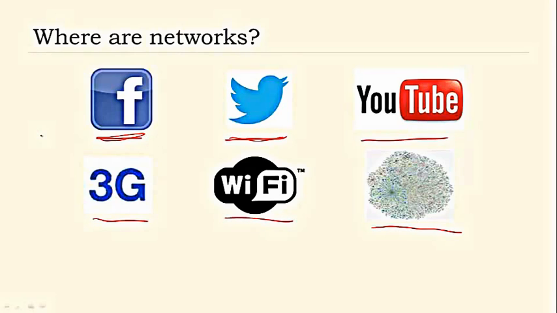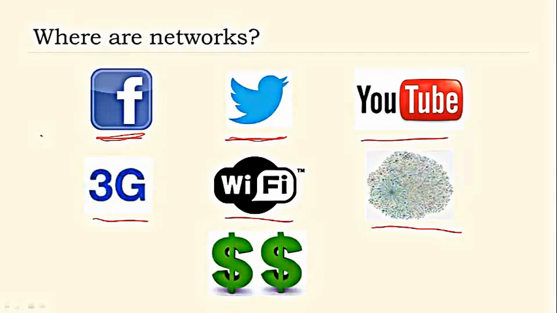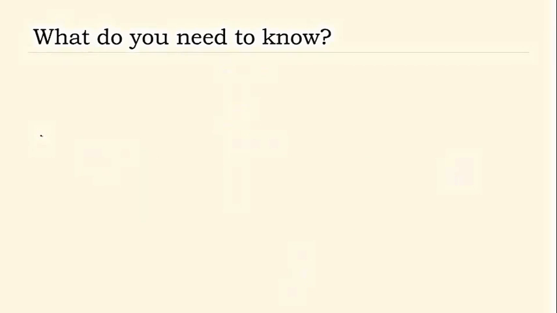And we also have economic networks, which is basically how we're priced for all of these services that we use. We have to pay for the internet, and that determines how we pay and how much we have to pay. So if you think about it, our lives would be a lot different if we didn't have all of these networks.